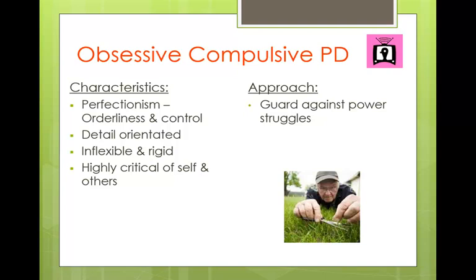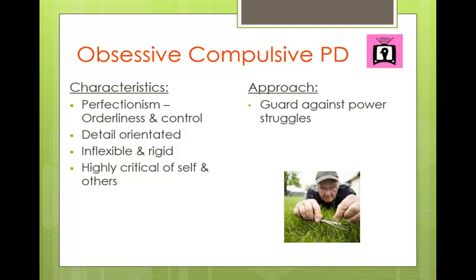Now, obsessive compulsive disorder, which is actually an anxiety disorder, which we will cover in our anxiety learning plan, people who have OCD, obsessive compulsive disorder, they know what they're doing is bizarre or weird, and they just can't control it. So that's the difference.